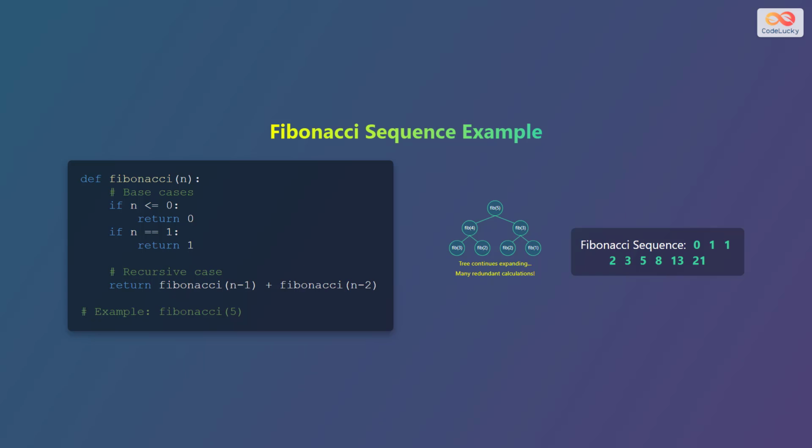Notice the sequence. It starts with 0 and 1, and each subsequent number is the sum of the previous two. The tree diagram illustrates how the Fibonacci of 5 expands into multiple calls to Fibonacci of 4 and Fibonacci of 3, and so on. This leads to many redundant calculations, making the naive recursive approach inefficient.